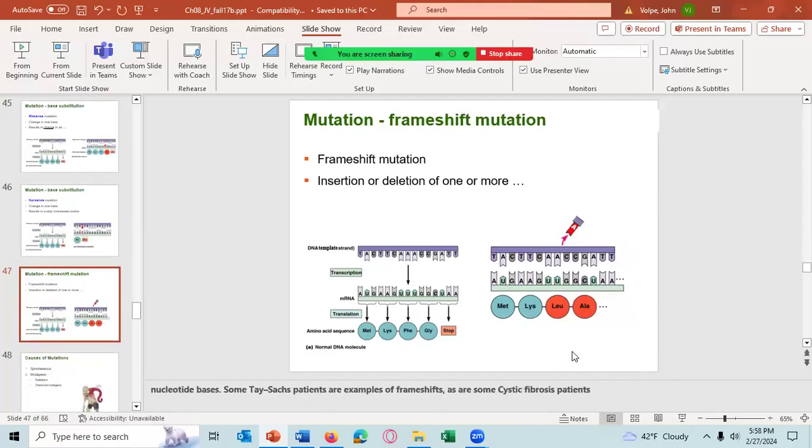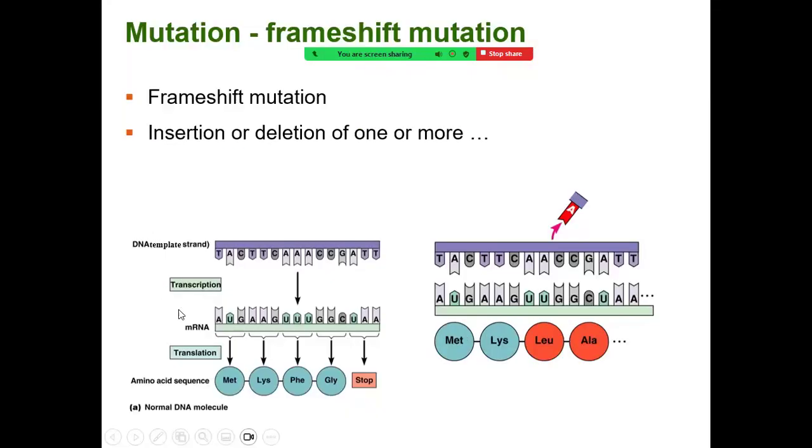All right, let's talk a little bit more about the frame shift mutation. This is where you insert or delete one or more bases. And maybe I can go through this in a little better example. Normally, we have AUG coding for methionine, this codon coding for lysine, this codon coding for phenylalanine, this codon coding for glycine, this codon coding for the stop codon.